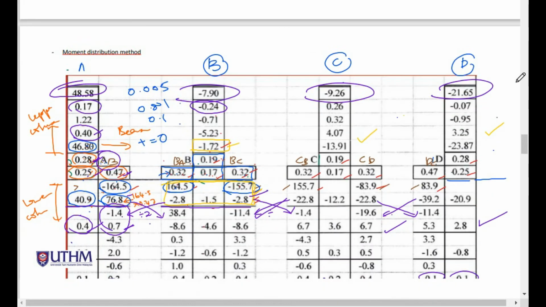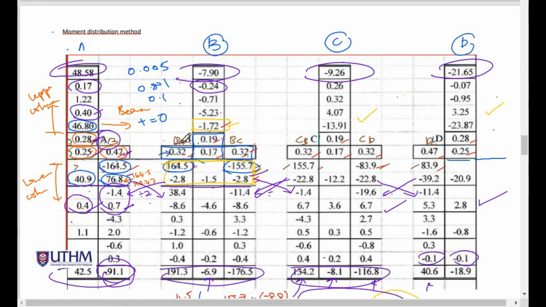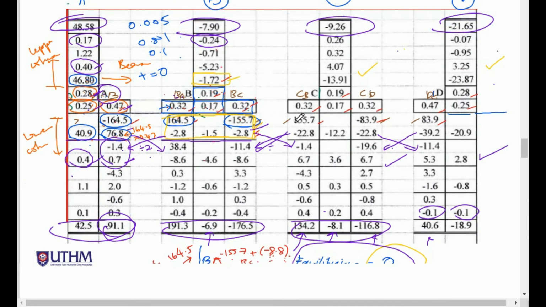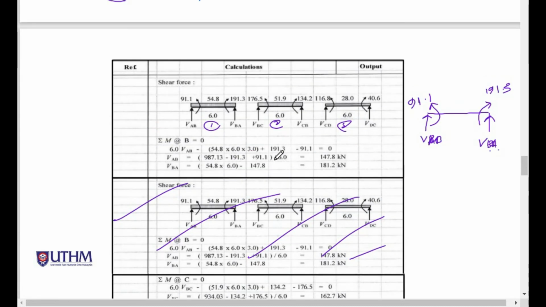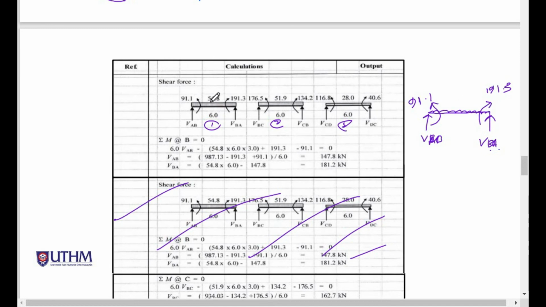So this is BA, the moment here is 191.3, and the applied loading acting on the beam is 54.8. Okay, because the first span is the maximum loading, and the span is 6.